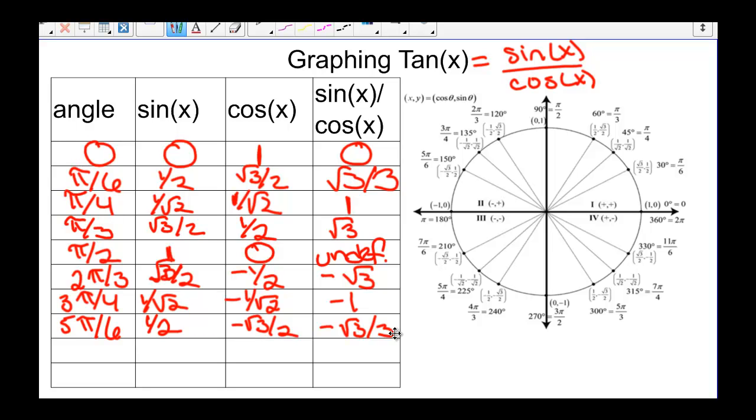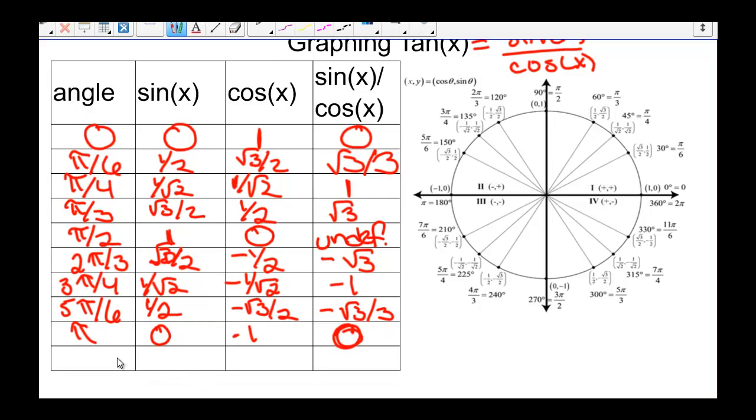And then at pi, we get 0 for sine, negative 1 for cosine, so we get 0 for sine divided by cosine.